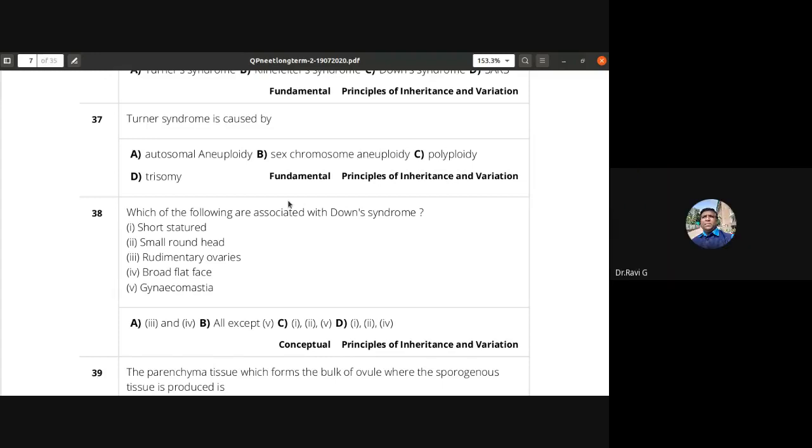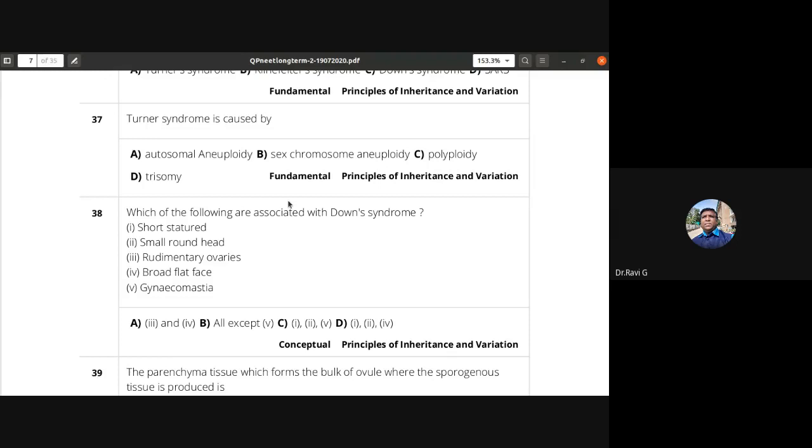Imbalanced set of chromosomes can happen either by more chromosomes or fewer chromosomes. Turner syndrome is because of fewer chromosomes. Instead of having XX chromosomes, they have only one X chromosome. So the other X chromosome is absent. So sex chromosome aneuploidy is the answer for Turner syndrome. Of all these choices, the best choice is B, sex chromosome aneuploidy.